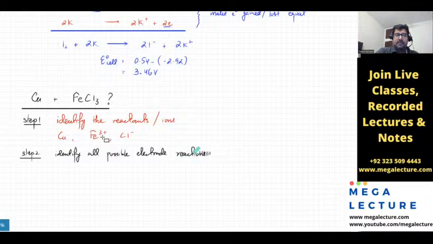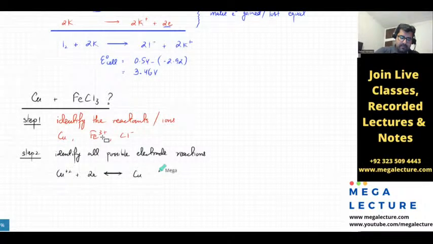So starting with copper, I've got 2 of them, copper plus 2 turning into copper. And the E naught for this is 0.34 volts.